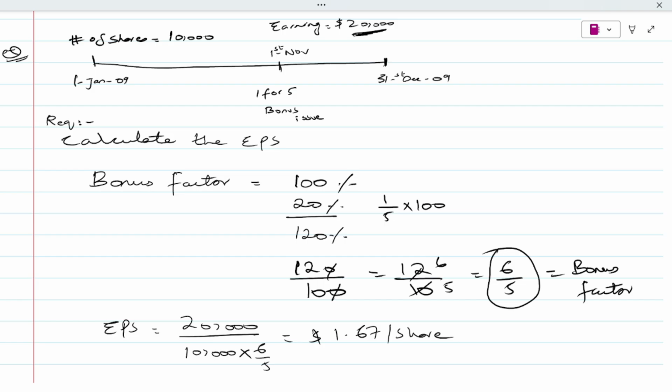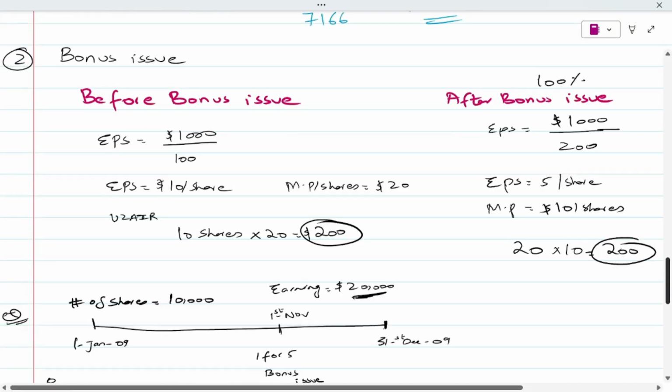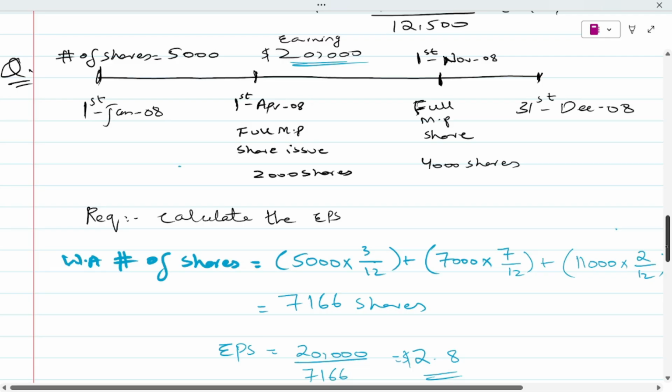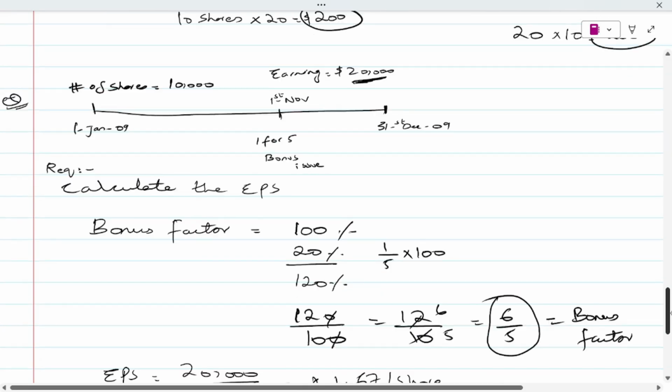Okay, now after teaching you how to calculate the EPS in a bonus issue question, I want to repeat the point that I told you a few minutes ago, which was that bonus issue is adjusted from the beginning of the accounting year. This was the point that I made you write. That is exactly what you can see over here: unlike the full market price share, where we used to bifurcate the number of months, we did not do that here.